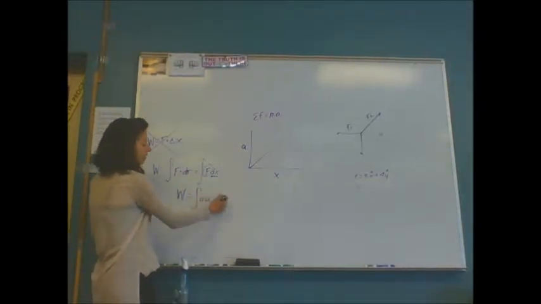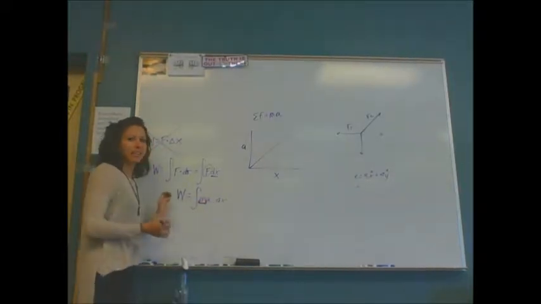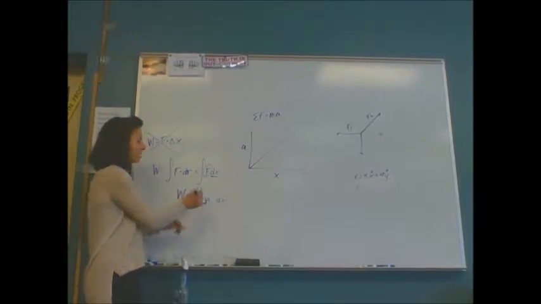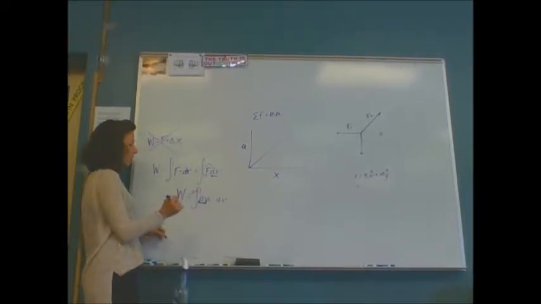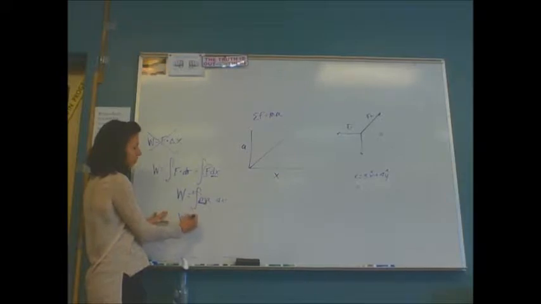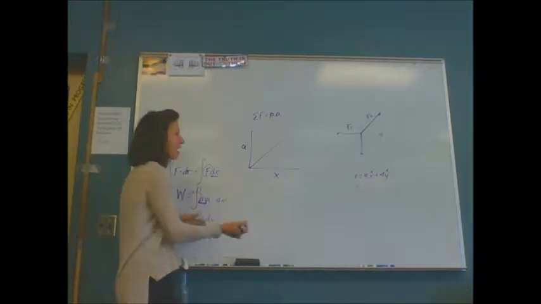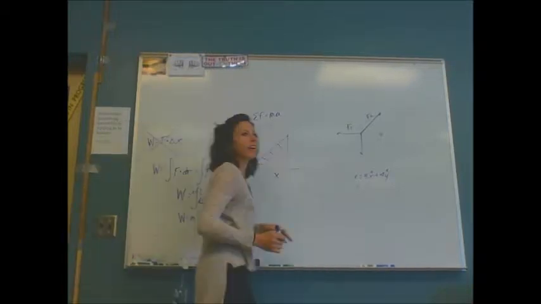So the work done is equal to the mass times the integral of a dx, which is the area of that triangle. So you take your mass, which is 10, I think, times this area, which is 80, and you get 800.